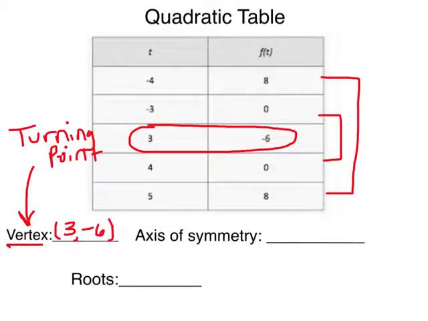My axis of symmetry, don't forget from the previous slide, has the letter x in it, so I'm looking for the x value of my vertex, which is going to be 3. Now, we're going to identify my roots.